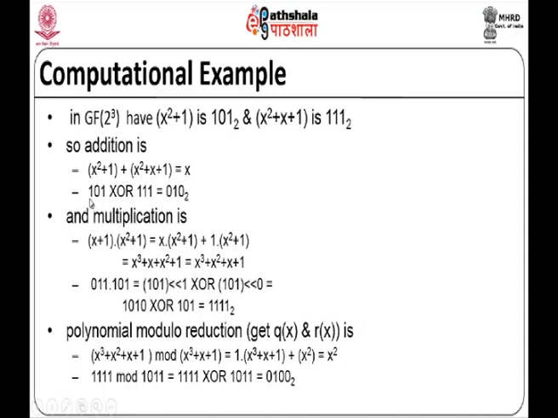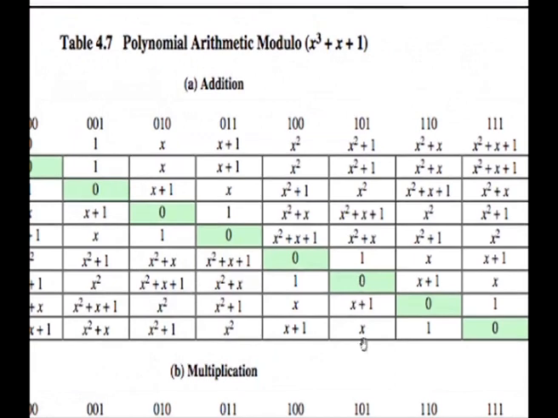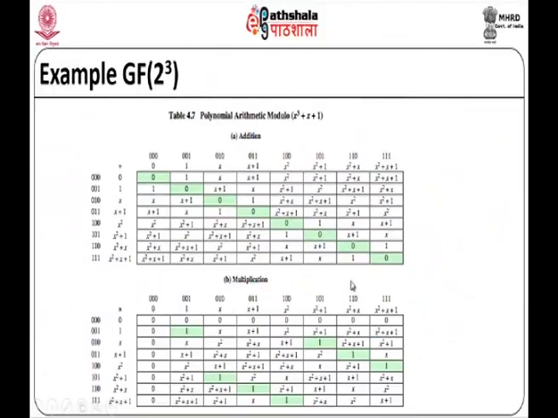Look from the MSB, the most significant bit: 1 and 1 results in 0, 0 and 1 results in 1, 1 and 1 results in 0. So 010 is equal to x. Similarly, in the table also, we can see that 101 plus 111 gives x. This is for the addition operation.